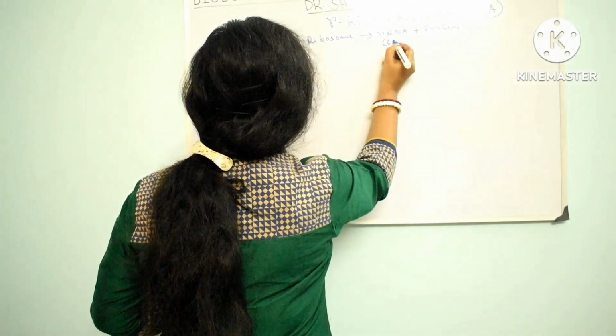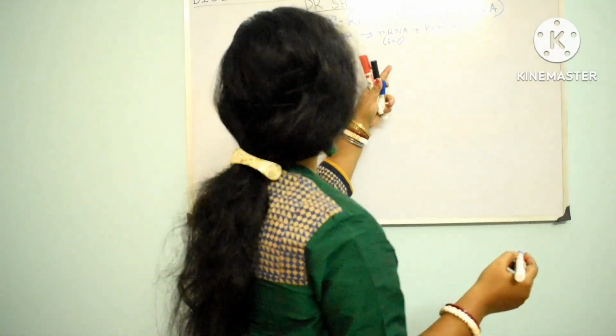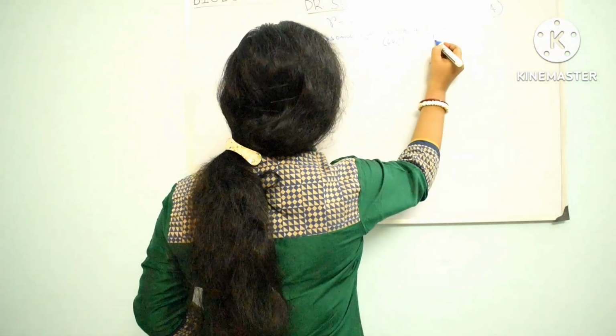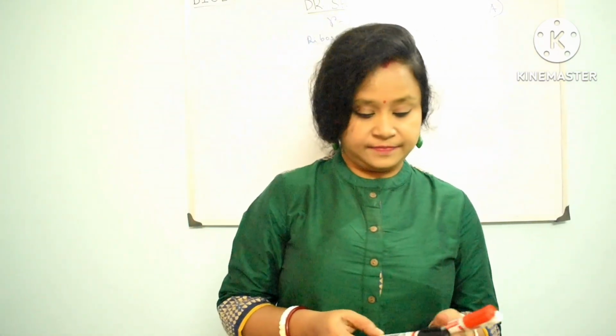Almost 60% of the total constituent of the ribosome is rRNA and the rest 40% is protein. The term rRNA was given by the scientist Kurland.